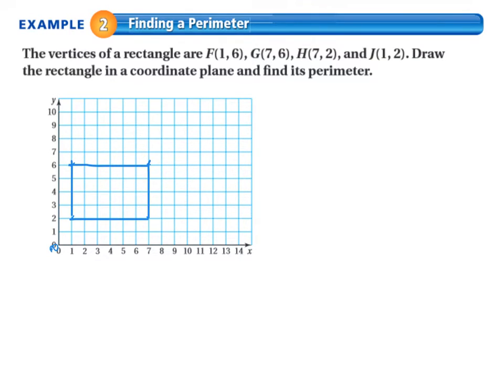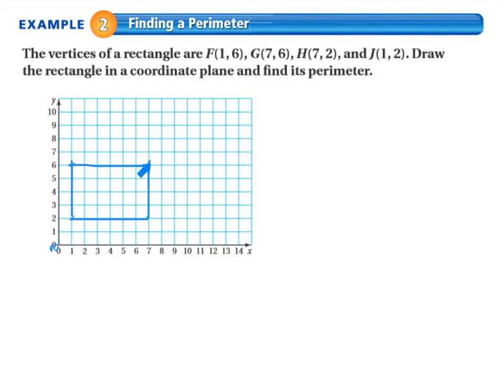So I'm going to start over here. Okay, we're just going to count around. 1, 2, 3, 4 on this side. 5, 6, 7, 8, 9, 10.